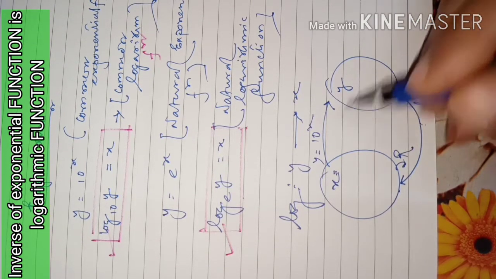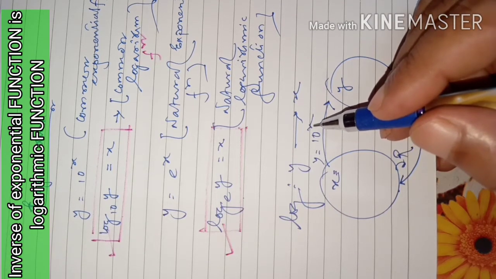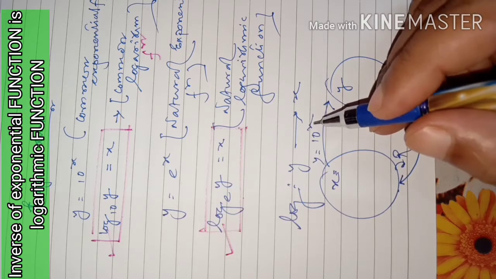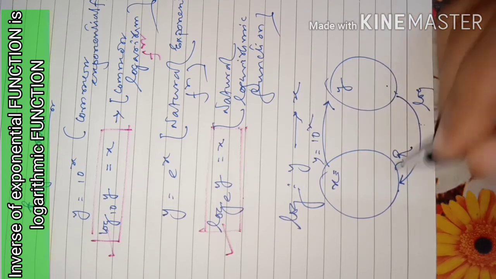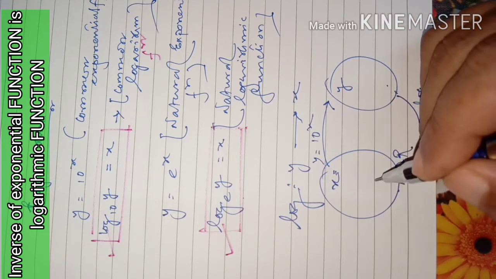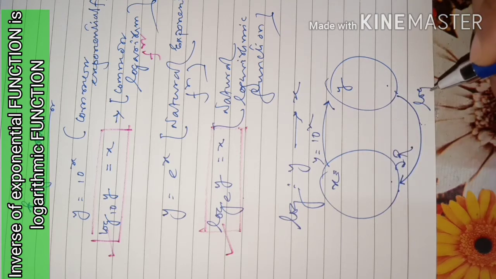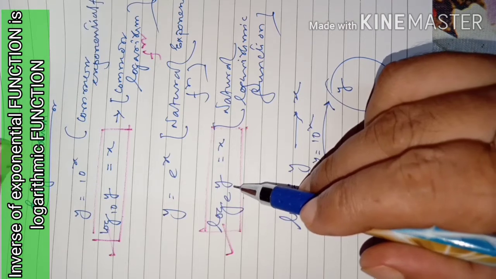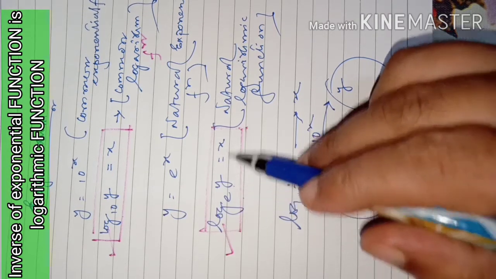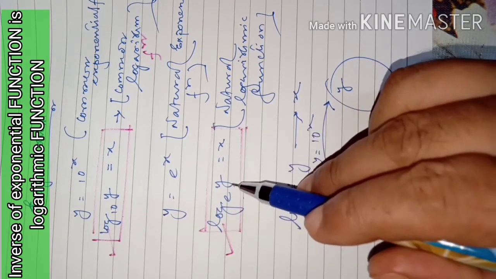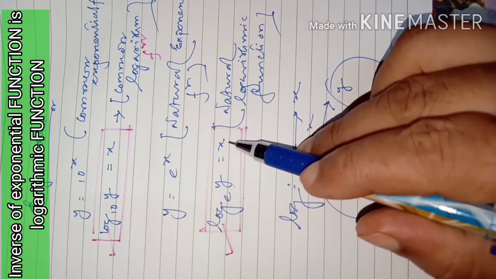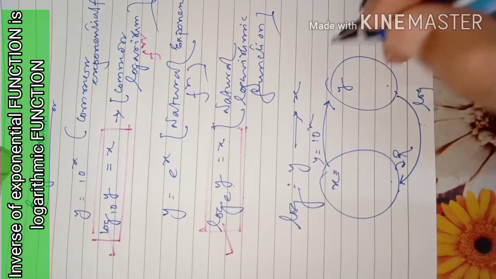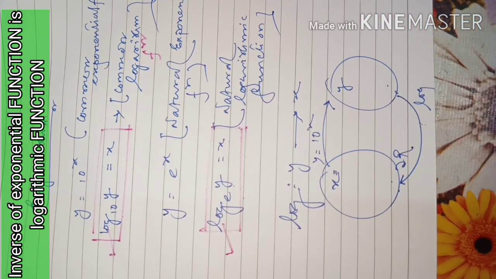Even if you consider a negative number, it will give you a positive number, and any positive value will also give positive. So the log function is from the set of positive real numbers to real numbers. So the domain will be the positive real numbers, and the range will be the real numbers.